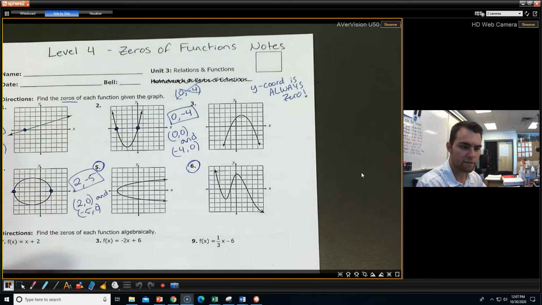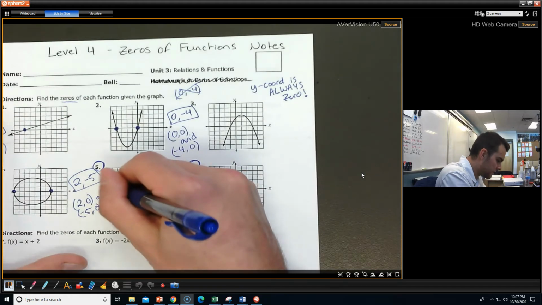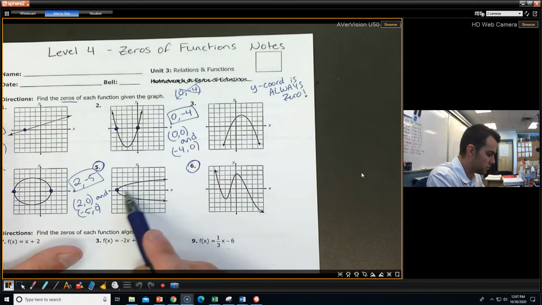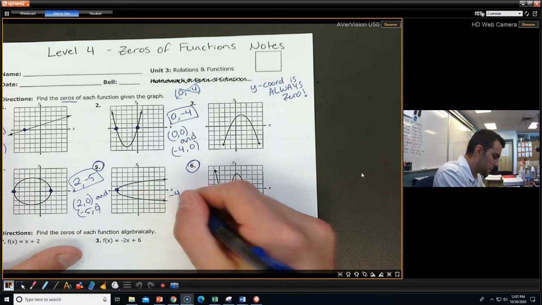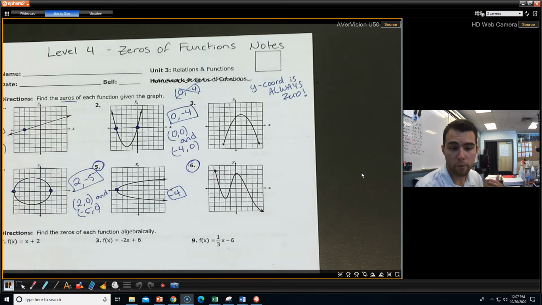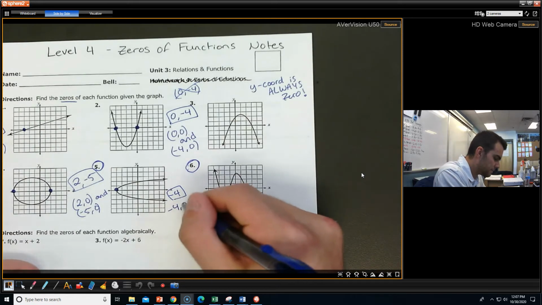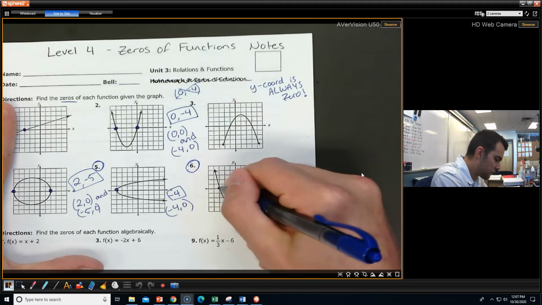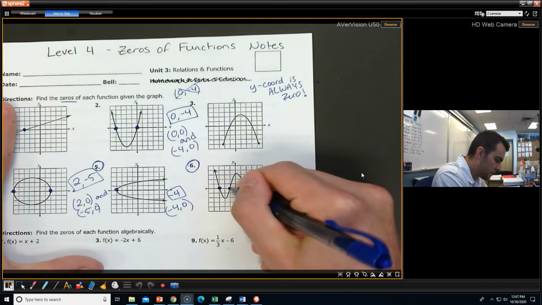All right, you're back. We look at number 5. It's crossing right here. The x-coordinate of that is -1, 2, 3, 4. It's -4. And again, if I wanted the point, that would be (-4, 0). Number 6, this one's kind of a doozy, but same idea. We have the graph crossing here, here, and here.